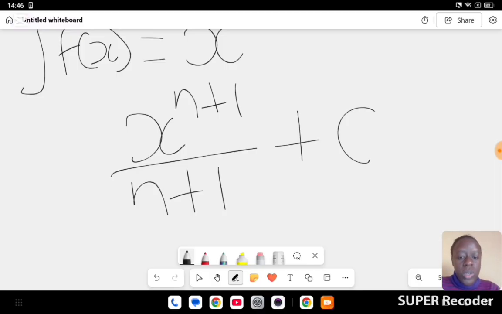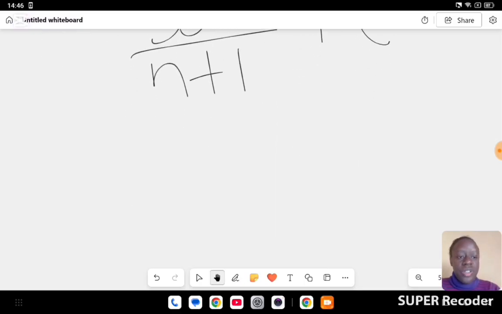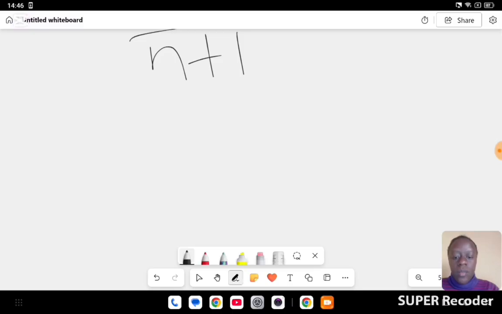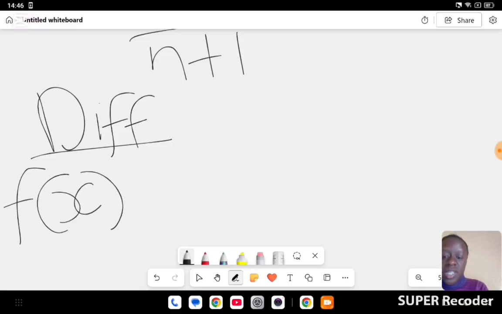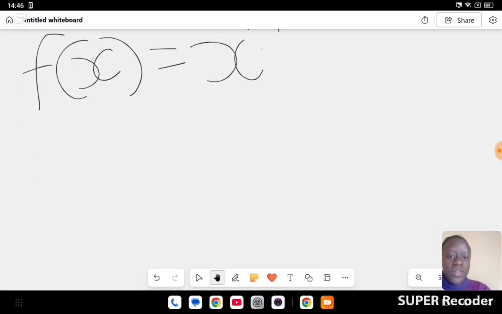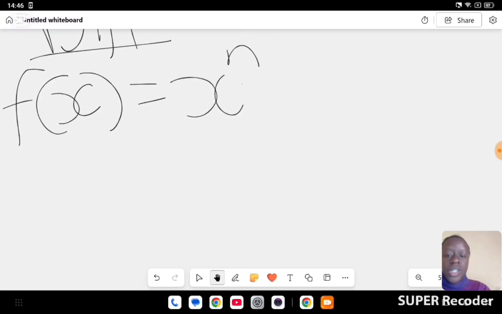And also, when we come to the differentiation part, let me write it this way, wherein a function that we are given is written as follows: x to the n power, and we have to differentiate it.